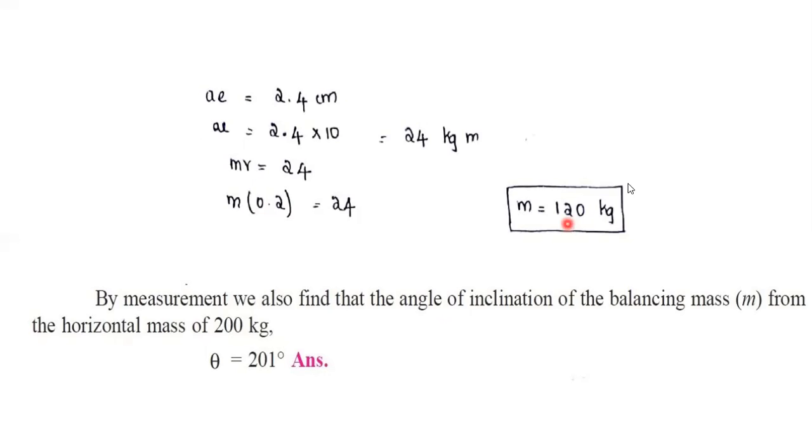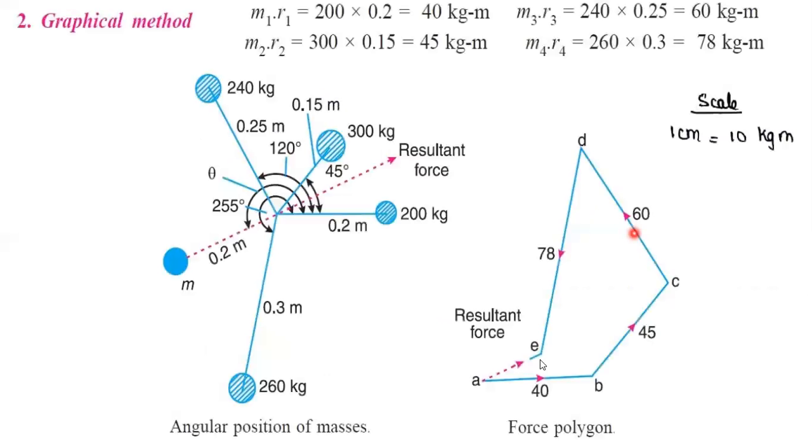Now we are determining the angle. Try to measure the angle of the resultant, the dotted line. If you measure, you will get 201 degrees. You have to measure in the anti-clockwise direction. If you put a cross, here we have 180 degrees, and the remaining angle is about 21 degrees.